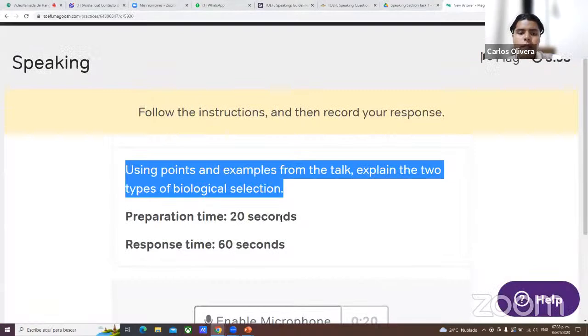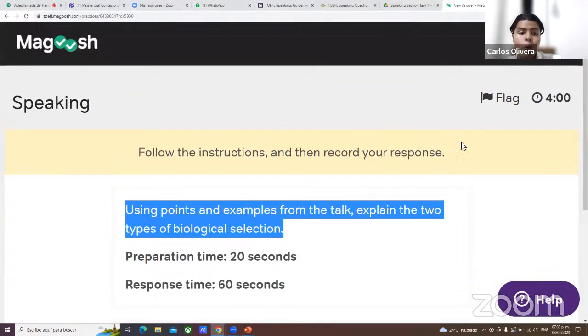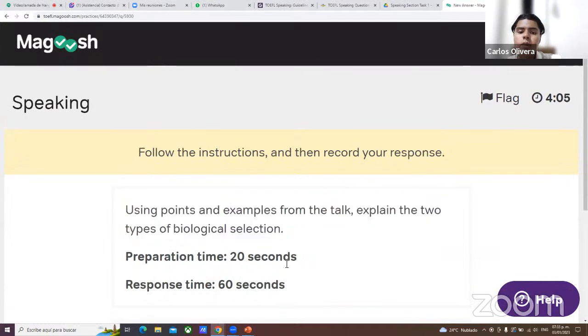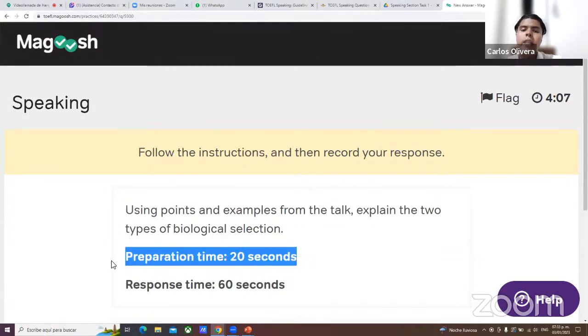And by the way, as we have said, the way it works is that when you are here in this part, there is going to be a chronometer, okay, on your screen. Maybe you were wondering that when you start with the 20 seconds of preparation, there is a voice, okay, that you're going to listen to, because in this part of the exam, as you know, of course, you're going to have your headphones on, right? The headphones that have a microphone included for you to speak and to record your response.